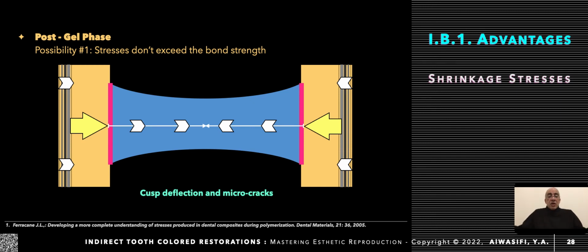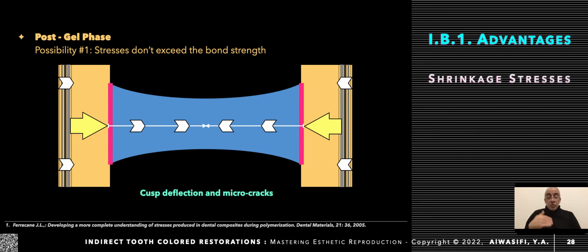When it is trying to shrink and starting to produce shrinkage stresses at this area, either your bond strength is higher than the shrinkage stresses, which we determined as 17 megapascal on average when we discussed bonding agents in previous episodes.